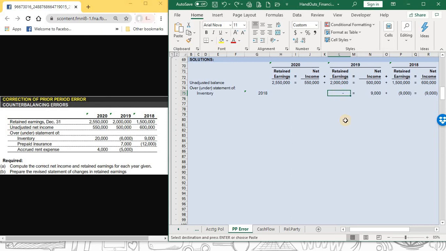So if the 9,000 peso error does not affect the 2019 retained earnings, it does not also affect the 2020 ending retained earnings. So now let us proceed to the 2019 error on inventory. This time, the ending inventory as of 2019 is understated.